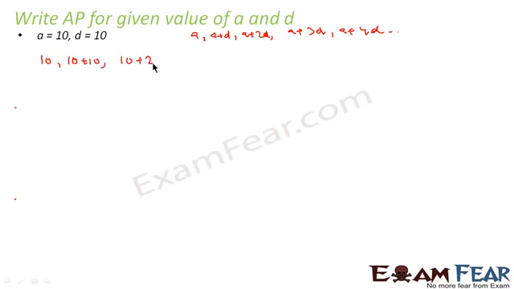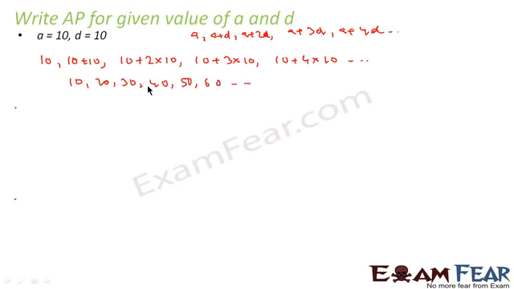Fourth term is A plus 3D, that is 10 plus 3 into 10. Fifth is 10 plus 4 into 10 and so on. So the AP will be 10, 20, 30, 40, 50, 60 and so on. Correct?